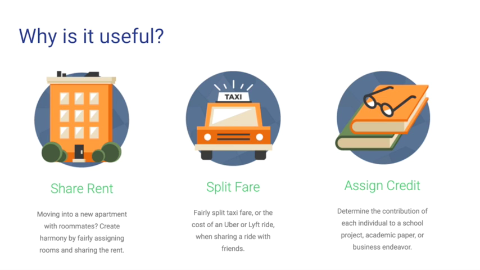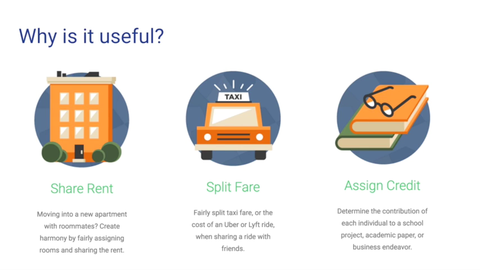So, why is it useful? Here are some typical scenarios presented on a website called Spliddit. This website is designed by Professor Procaccia in order to apply game theory to real life cases. The first scenario is sharing rent.